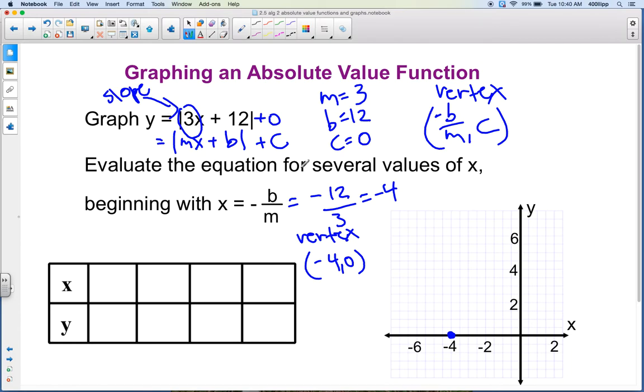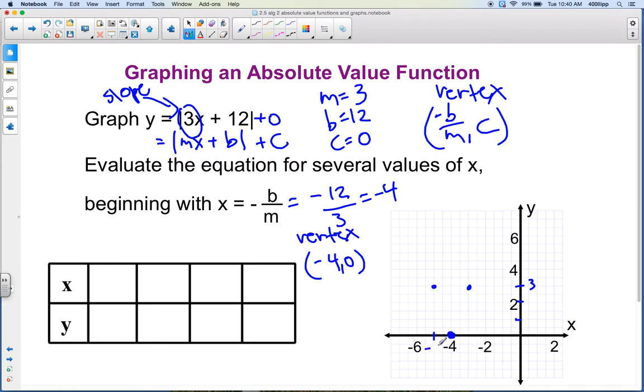So we could do this a couple ways now. After I find this one point, I can use the slope by rising 3. Looks like I went up by 2's here. So here's where the 3 is. Okay, so I can rise 3, and then I can run 1, and you need to run 1 in both directions here.